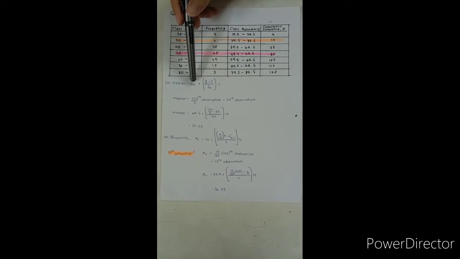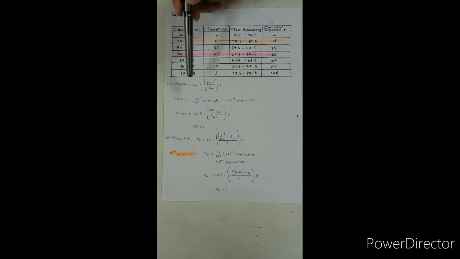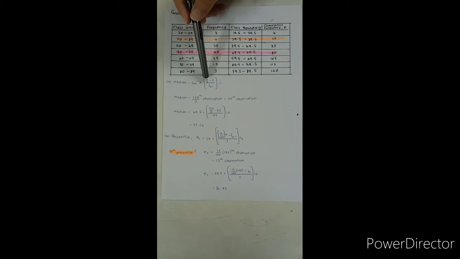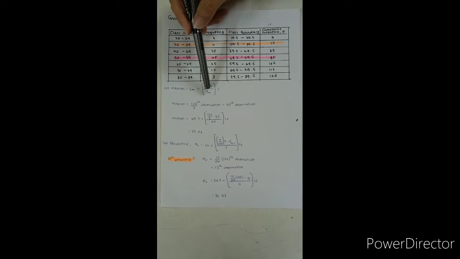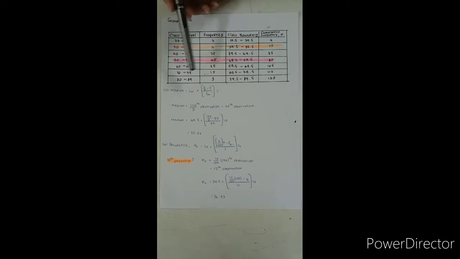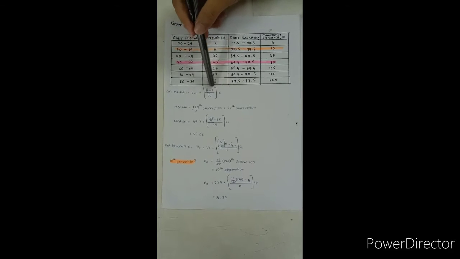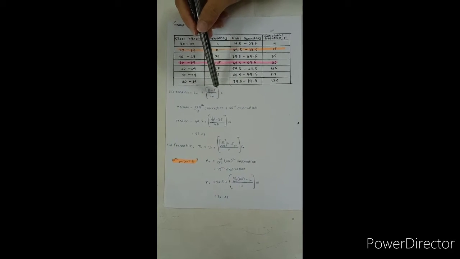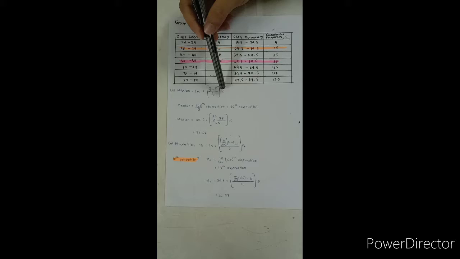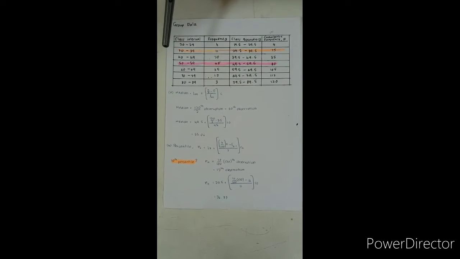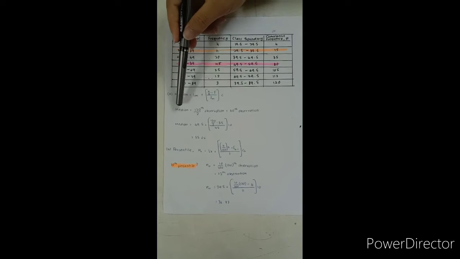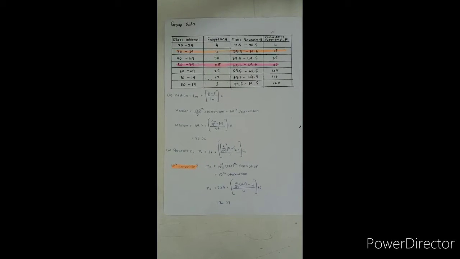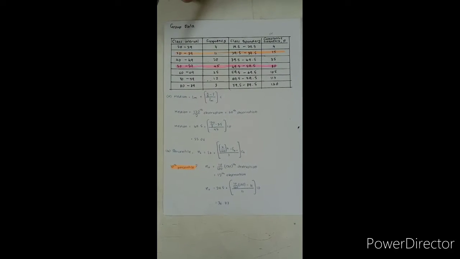L stands for the lower boundary of the class, N stands for the total of the frequency, F stands for the frequency, and capital F stands for the cumulative frequency before the class, and C is the product of the class boundary. As we know, the median is the midpoint or the middle value.